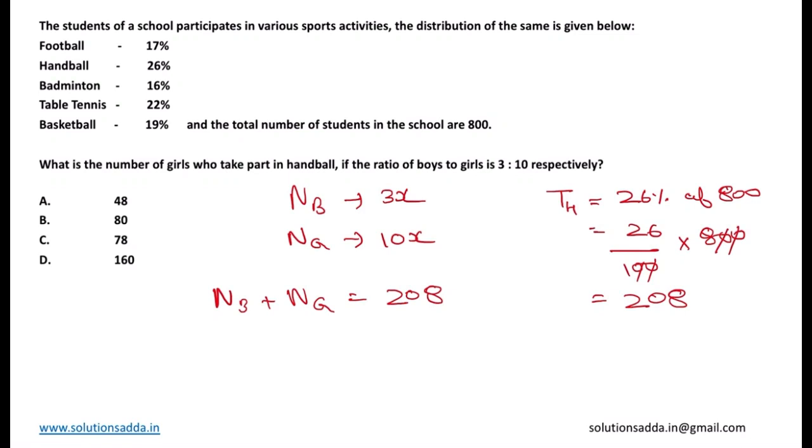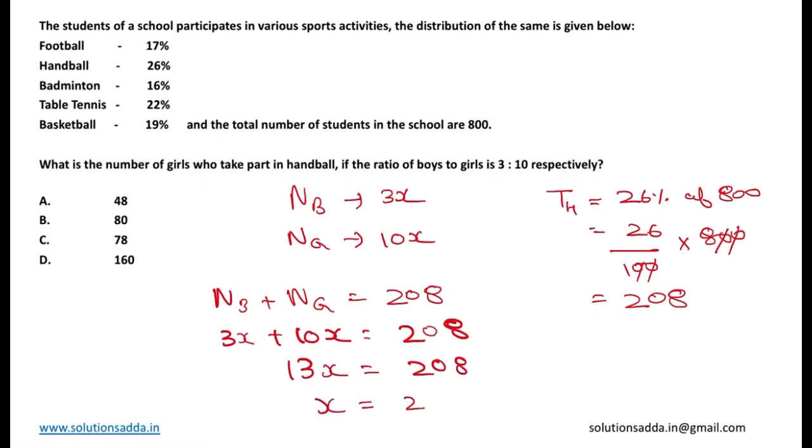So number of boys is 3x plus 10x, which is 208. 13x is equal to 208. Therefore x is equal to 208 by 13, which comes to 13 ones are 13 and 78, 13 6s are 78.